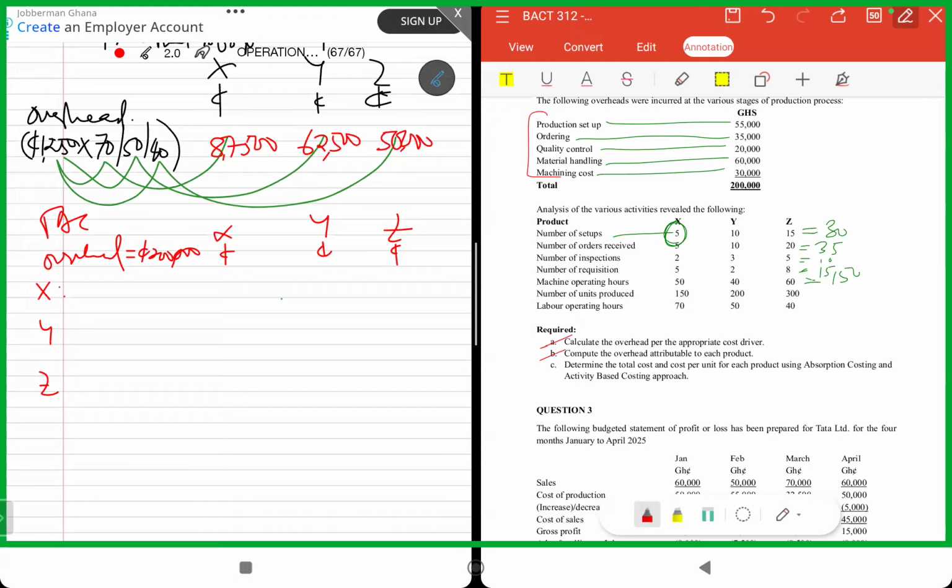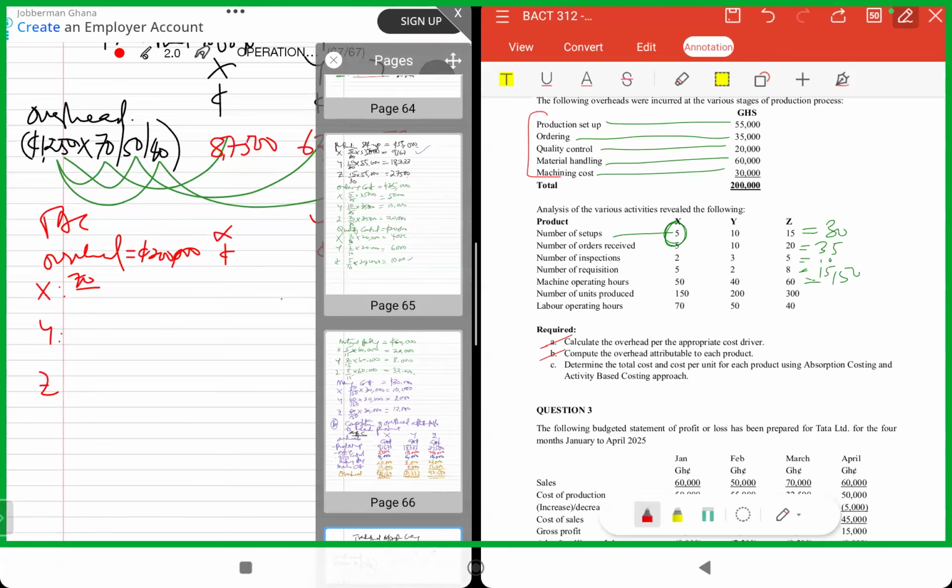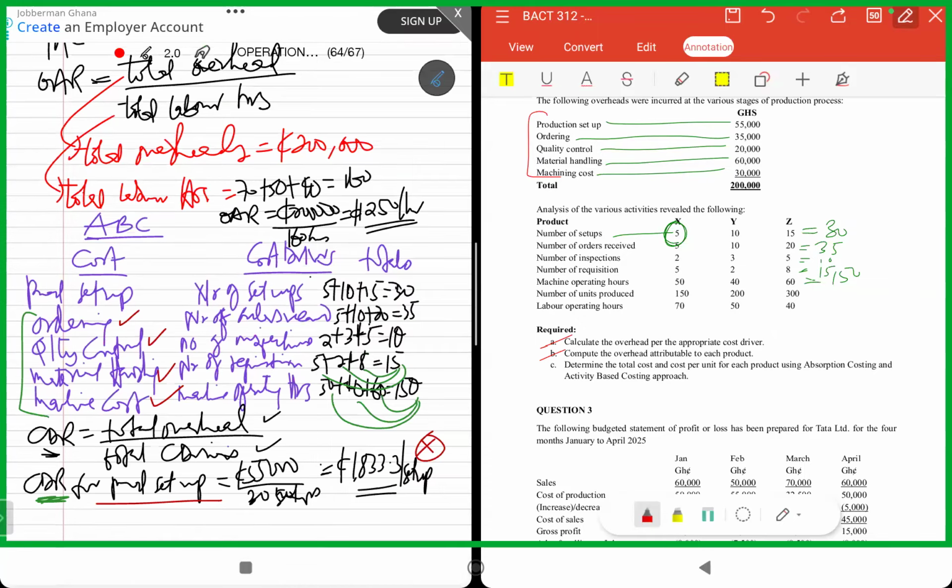Then I'll pick X. You know that the cost driver is labor hours, right? So X, how many labor hours for X? 70. Over the total. What's the total labor hours? 160.